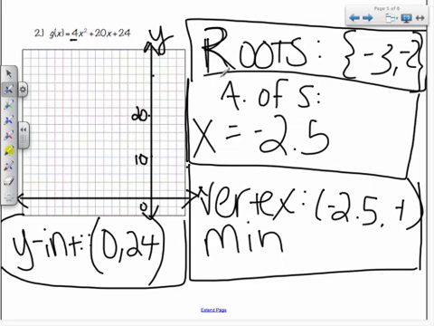This right here will be 30. All right, and then I'm going to go by halves on my x-axis, so I know that every 2 is going to be a whole number or an integer. So -1, -2, -3, -4, so on and so forth.